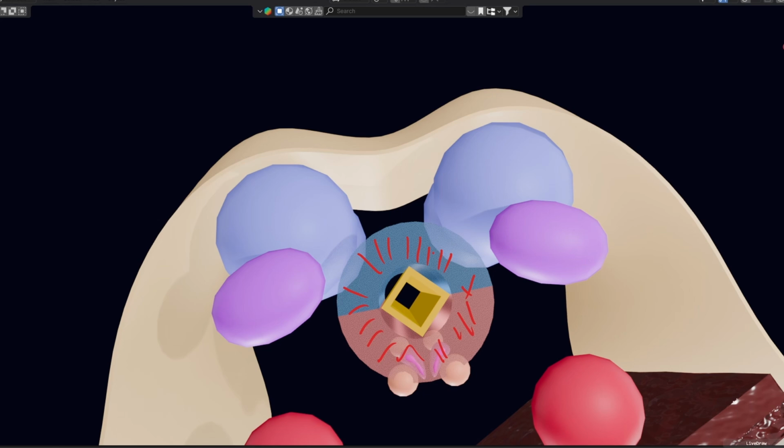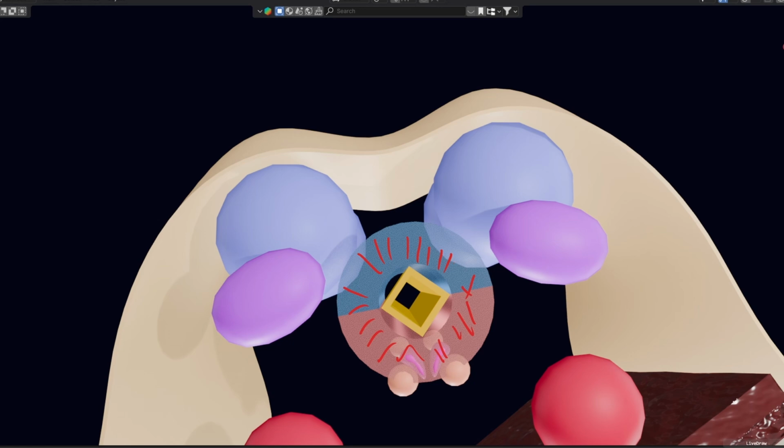This periaqueductal gray matter, its dorsal part develops from the LR plate, and its ventral part develops from the basal plate. So again, it's very logical and easy to understand, nothing complicated here.